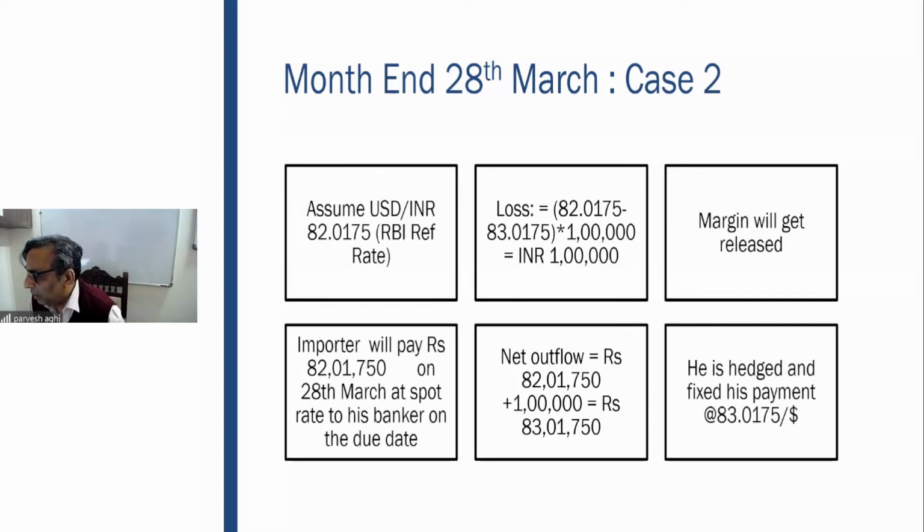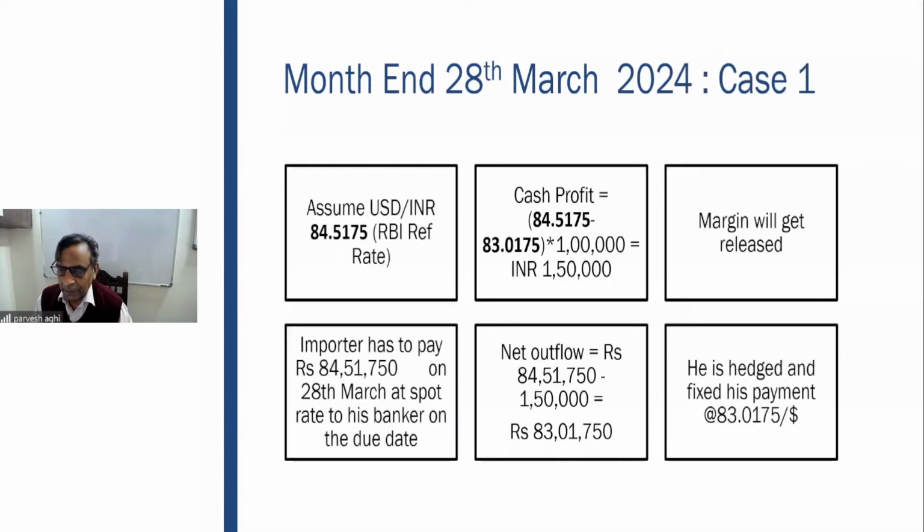That means net outflow will be 82 lakh 1,750 plus the 1 lakh rupees loss which I have suffered from the stock exchange, so 83 lakh 1,750. Again, I find that I am completely hedged. Whatever happens to the dollar price, when it goes up, I make a profit in the stock exchange but lose on my underlying transaction because I have to pay more money to the bank. So both get nullified.